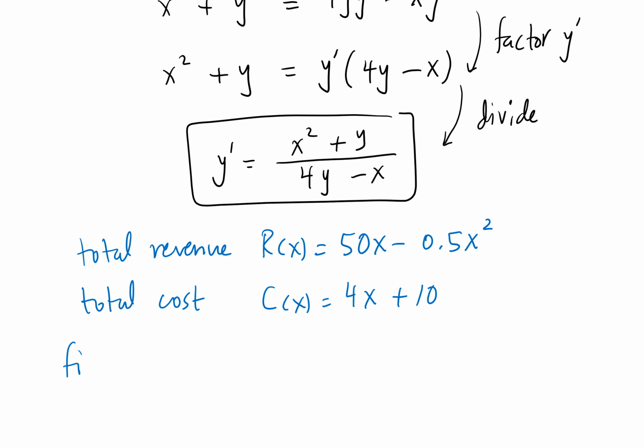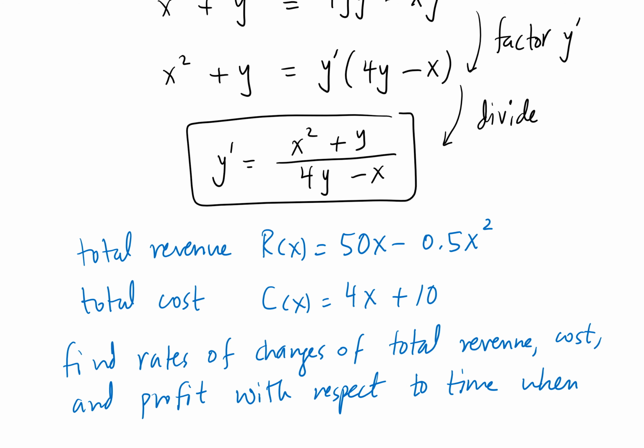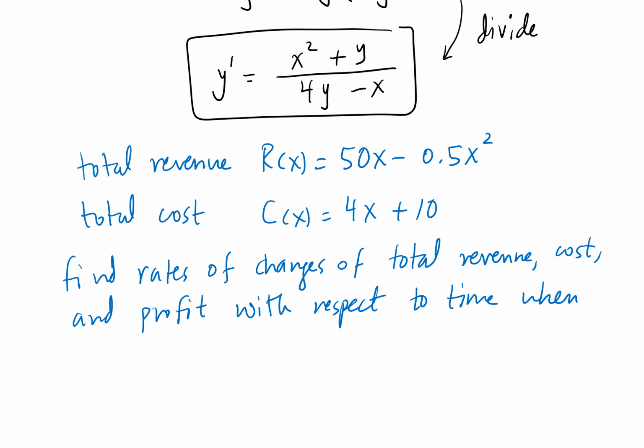They want us to find rates of change of total revenue, cost, and profit with respect to time, when x is 30 and dx dt is also given as 20 units per day.